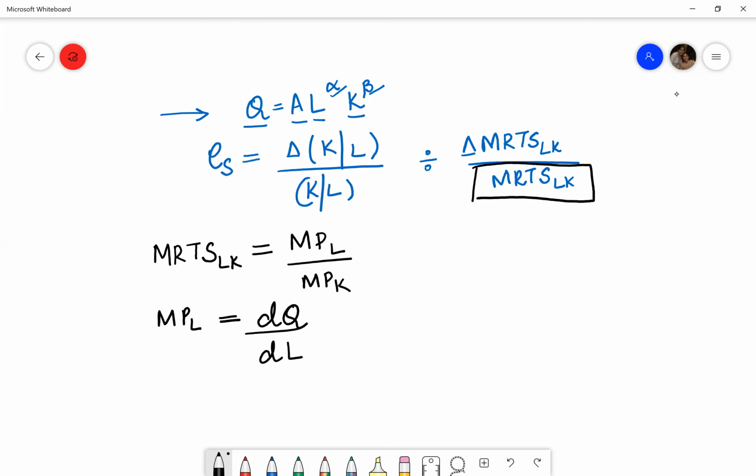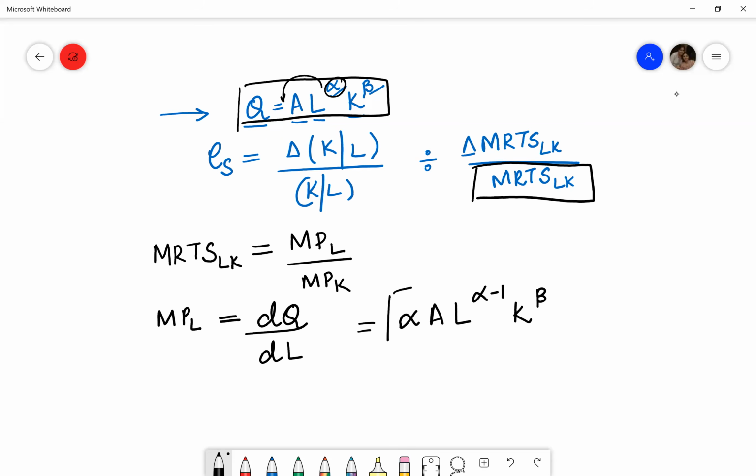So, by doing the first differentiation of our Cobb-Douglas production function, we get alpha A L^(alpha-1) K^beta. So this is our one value which we've got.